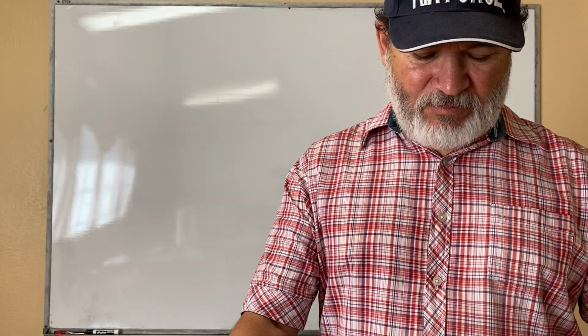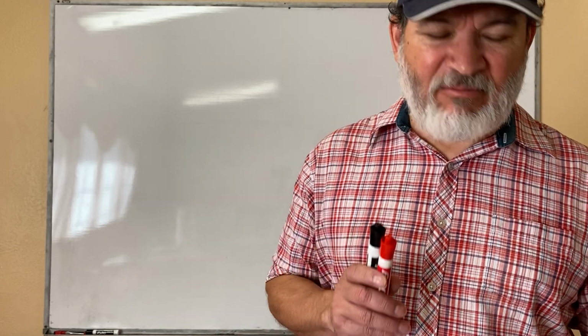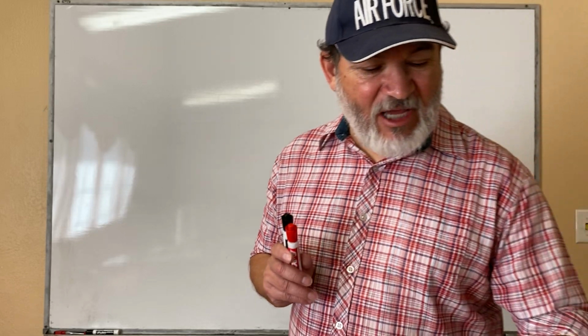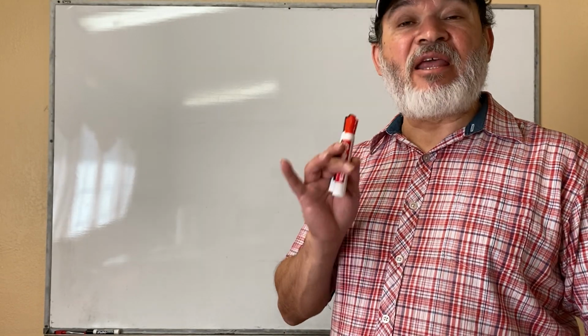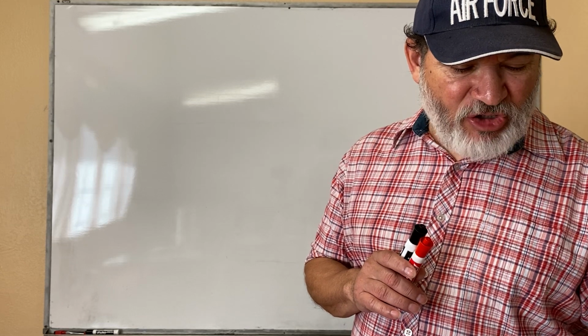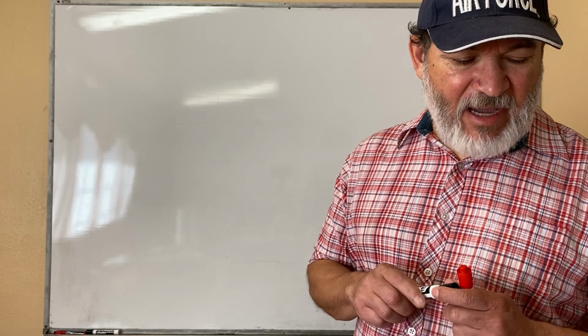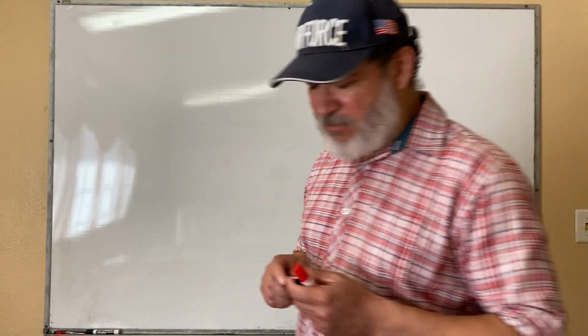System of equations, okay? So first, here's a system of equations. For example, this is a linear system of equations. Look at this one: 2x minus 9y equals negative 17.